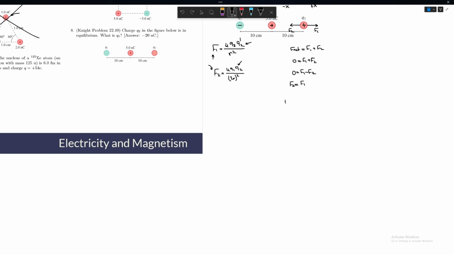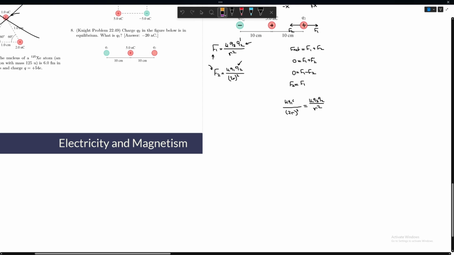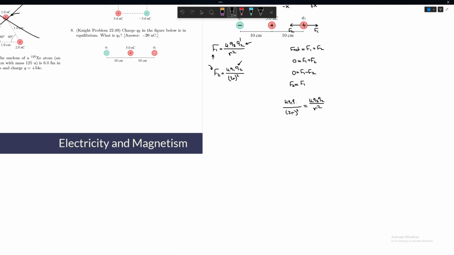I will get K Q1 Q3 all over 2r squared equals K Q3 Q2 all over r squared. All right, now actually I'm missing something here. This is force 2, which is 1 and 2, not 1 and 3. Messed that up. 1 and 2.